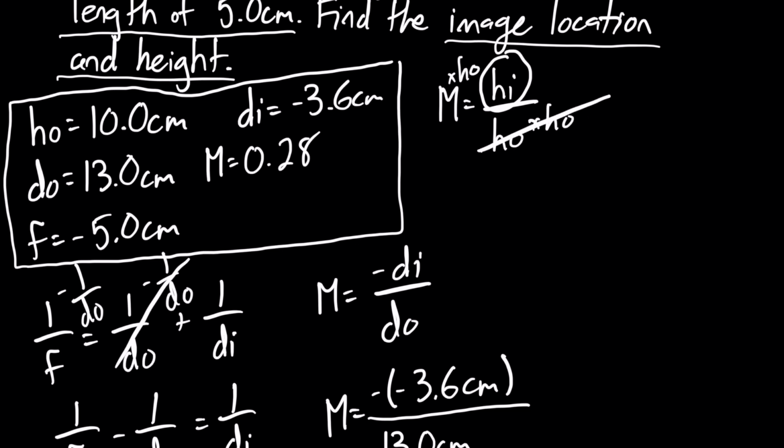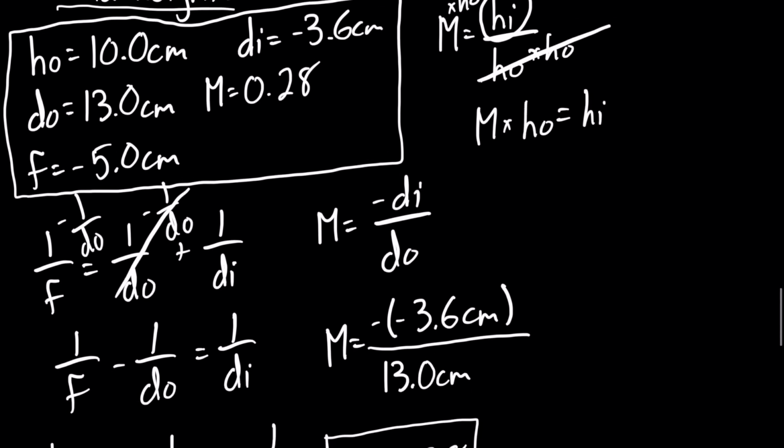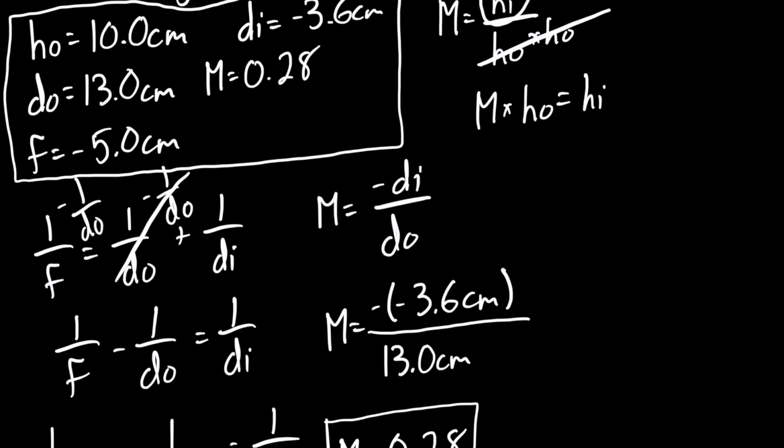That'll cross out. So our final formula will just be magnification multiplied by ho equals hi. Fill in our values. So we have 0.28. Make sure you get your signs correct. And that's multiplied by ho, which is just 10.0 centimeters. That's going to give us our HI.